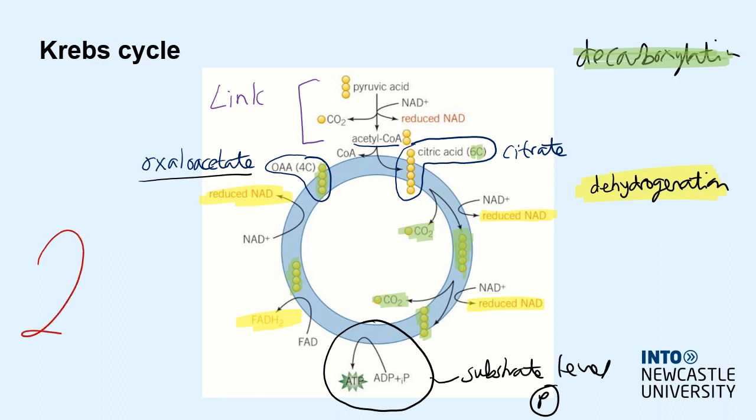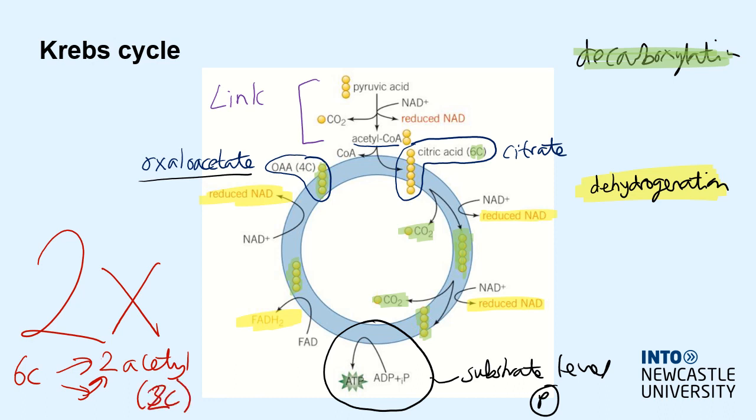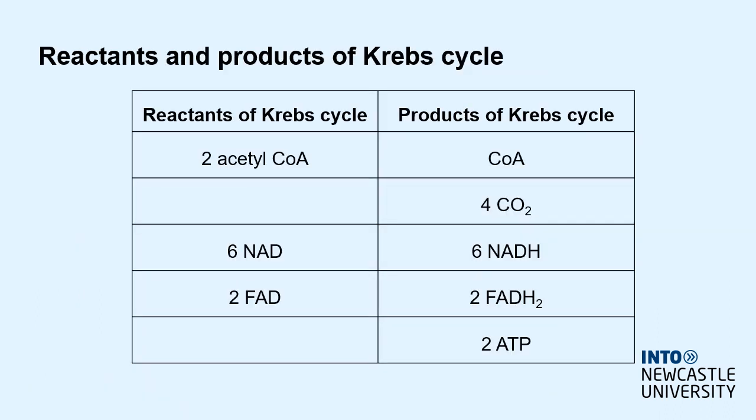And we have to remember that this happens twice because you started off with a 6-carbon compound in glucose, and that breaks down to 2 acetyl groups, which have 2 carbons each. So if we just look at the reactants and products of the Krebs cycle, we're not balancing chemical equations here beautifully like you would do in chemistry, but rather looking at an overall description of what is happening.